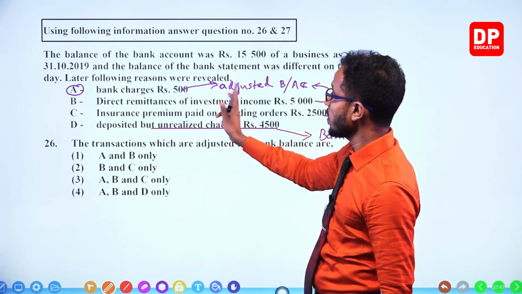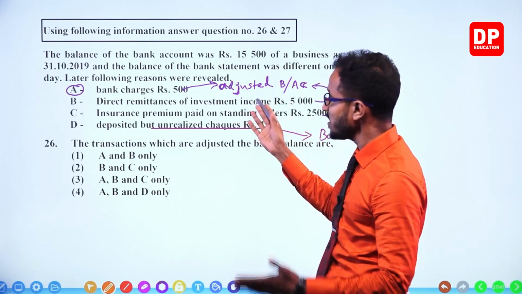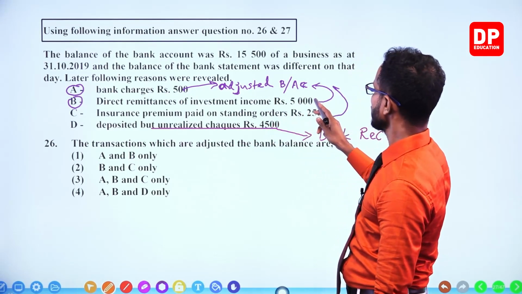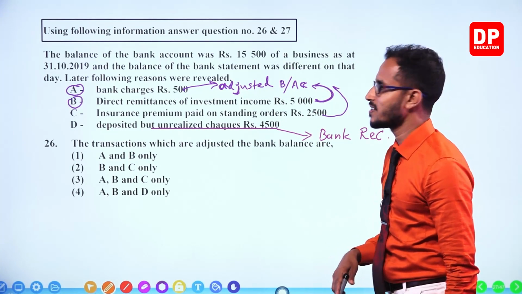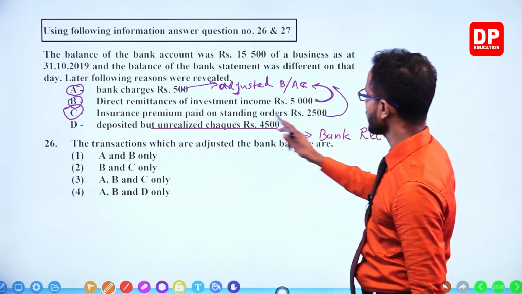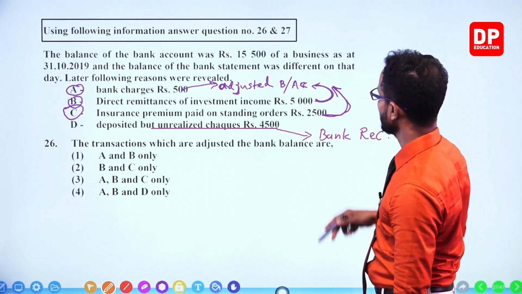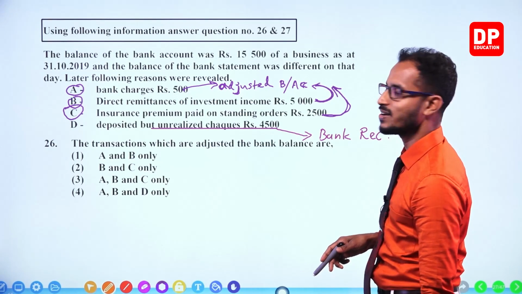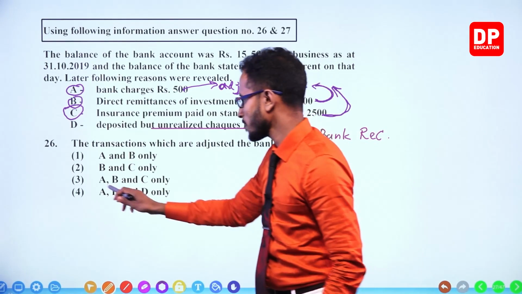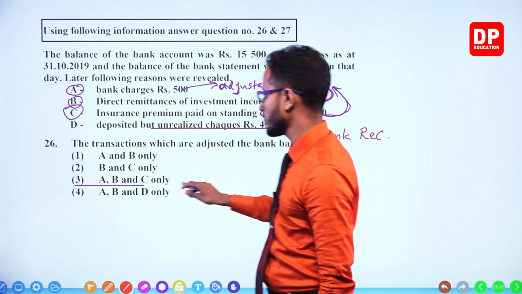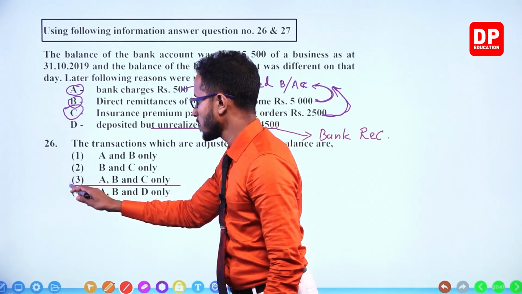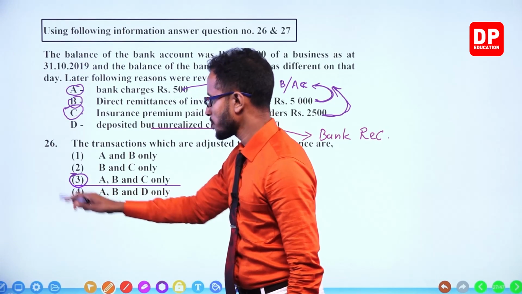A, I have marked C. B also I have marked C. C also I have marked C. ABC. Answer is 3.